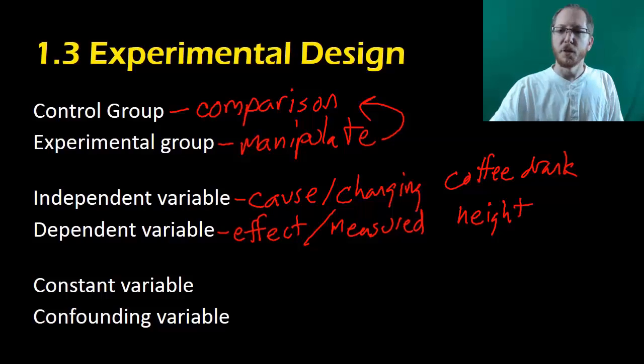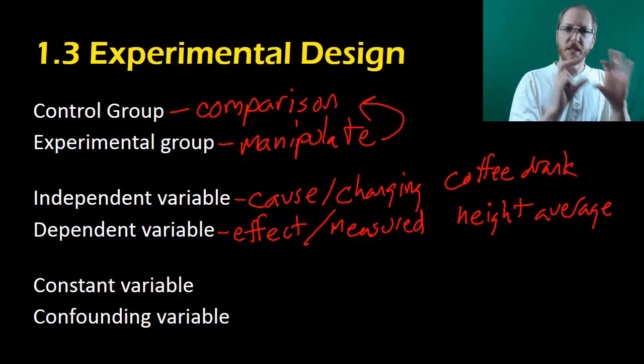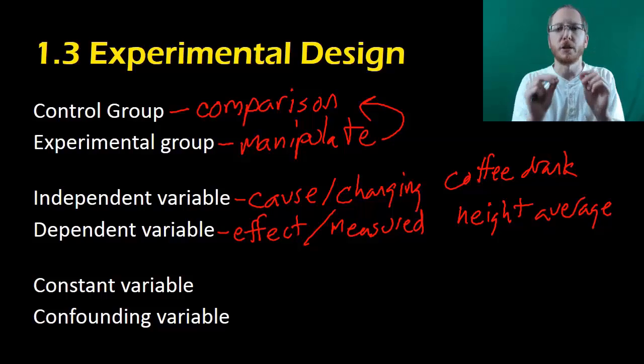Because you do this with a lot of people, you'd normally take an average of that, because we can't just look at one person, we need a group. So that's the basic way variables work, at least for our 2 main ones. Independent variable, what are you going to change? Dependent variable, how are you measuring the effect that change had?